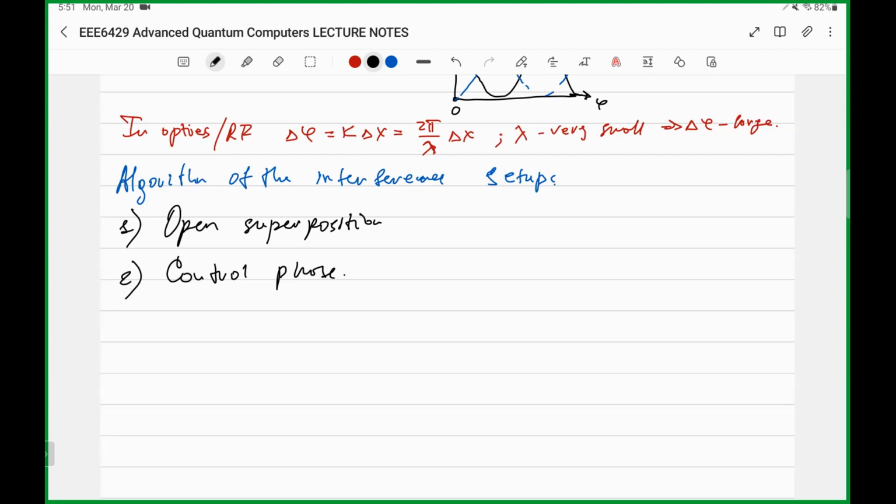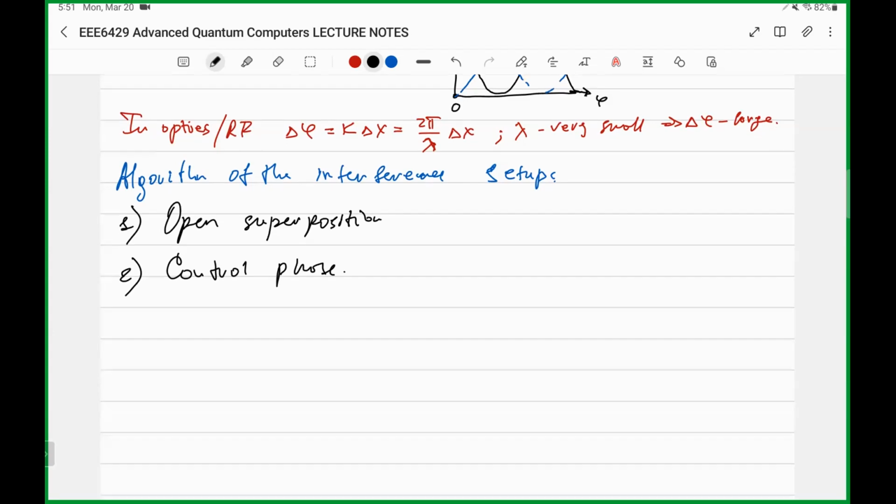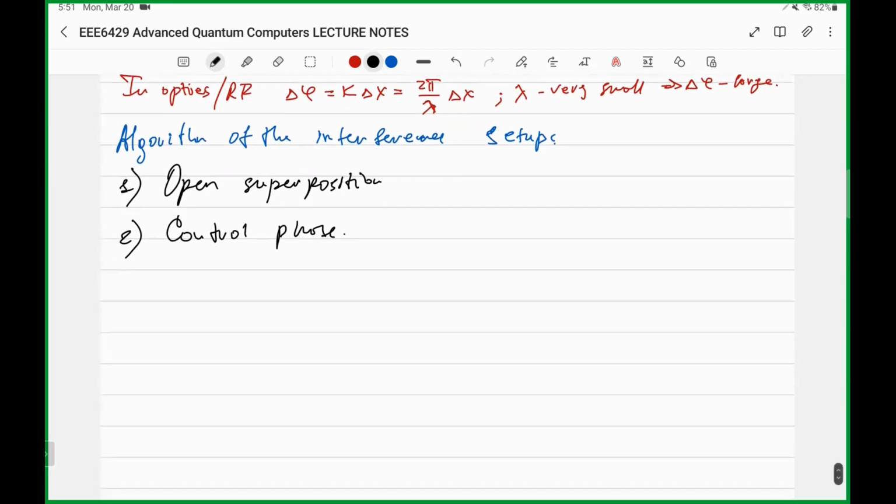If you want to create something else, like today we will see how quantum algorithms use this approach, then we need to come up with a way to control this phase at our will, as a control function.